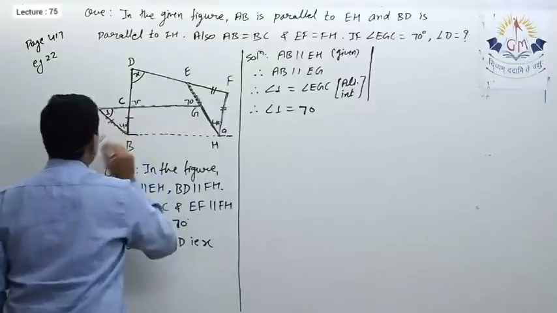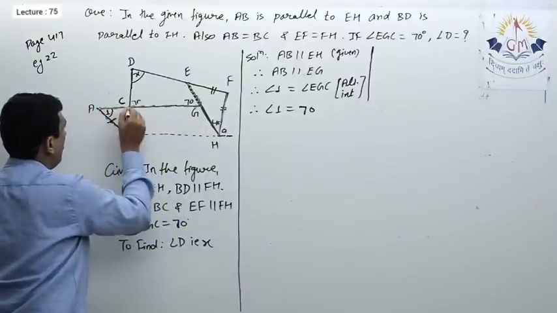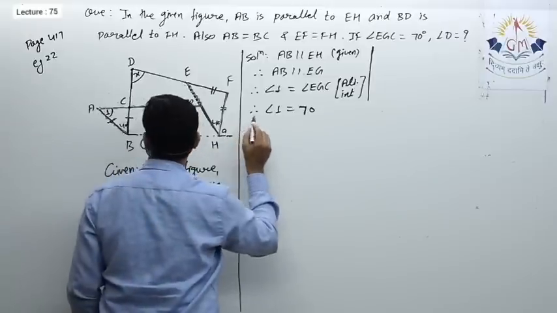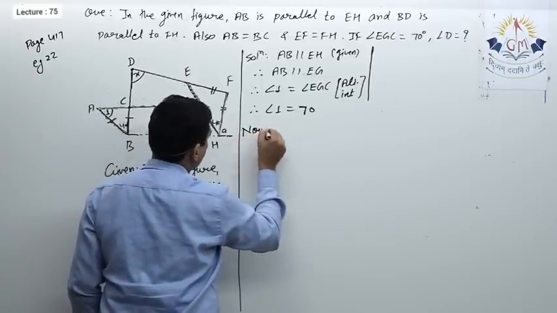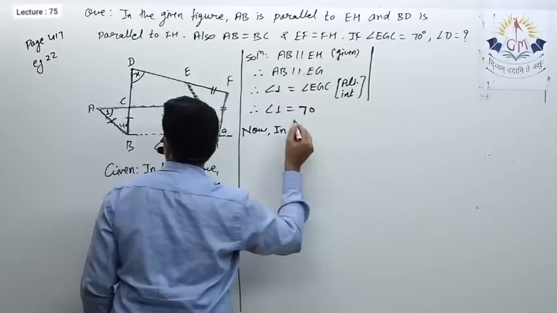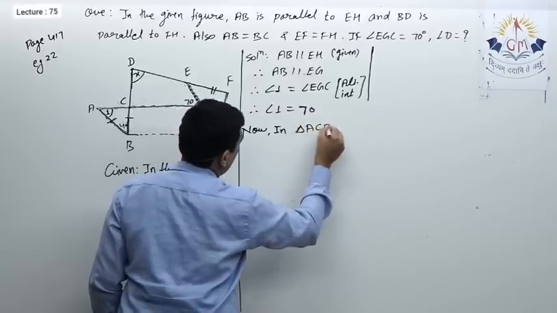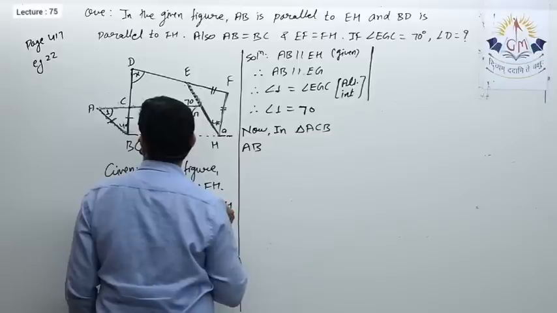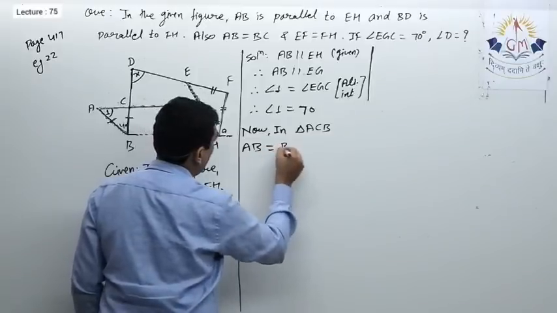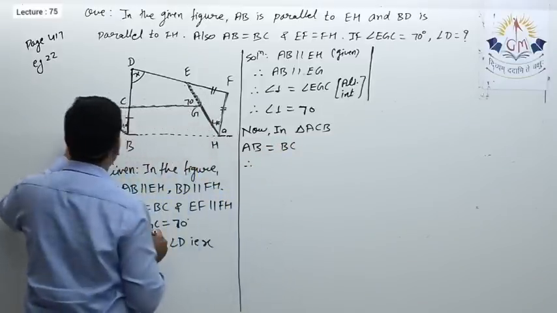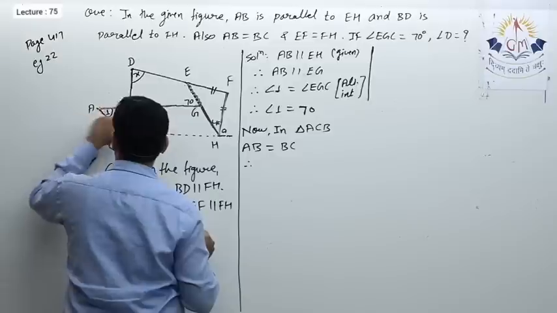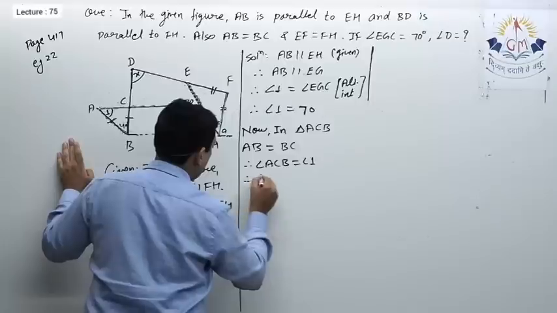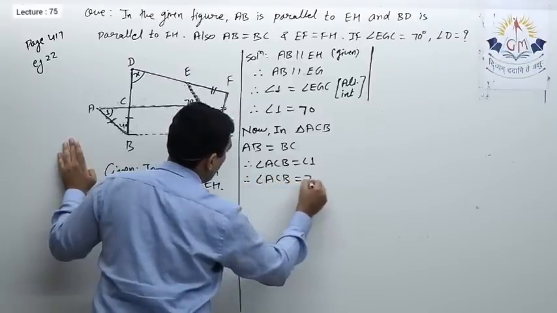As angle 1 is equal to 70 degrees, now in triangle ACB, AB is equal to BC, therefore I can say angle ACB is equal to angle 1, therefore angle ACB is equal to 70 degrees.